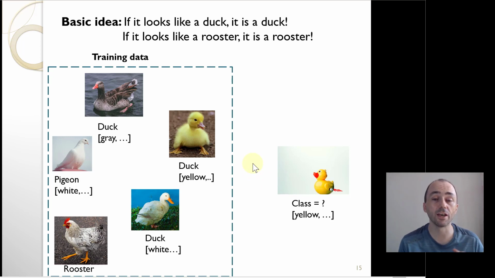So the basic idea for KNN, we try to find what looks the most similar to our object, our instance. So if it looks like a duck, it is a duck. Or if it looks like a rooster, it is a rooster. So this is the basic idea. We try to find the most similar animal to do the classification.